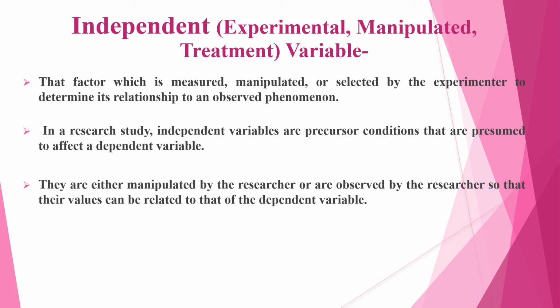They are either manipulated by the researcher or observed by the researcher so that their value can be related to the dependent variable. The researcher changes and manipulates the independent variable as he wants, to see the effect on the dependent variable.